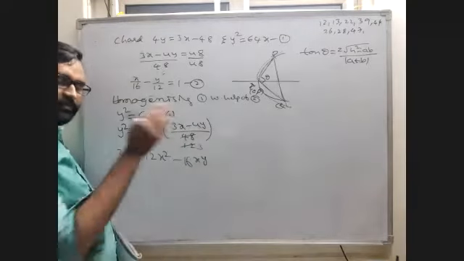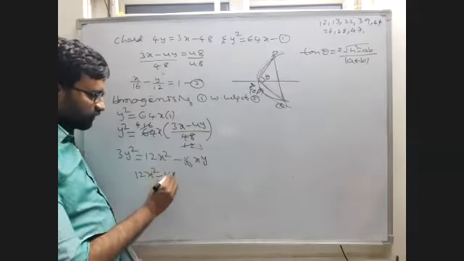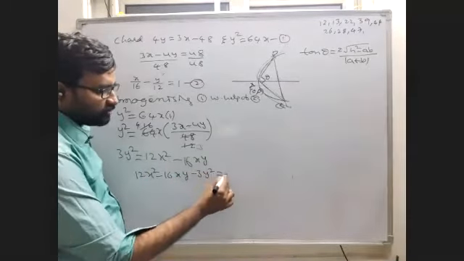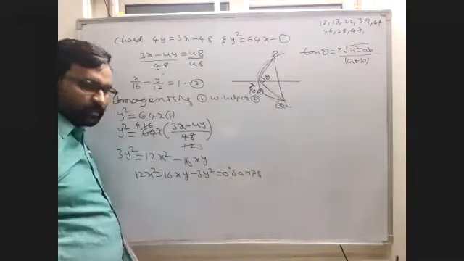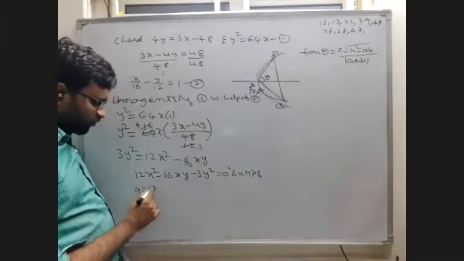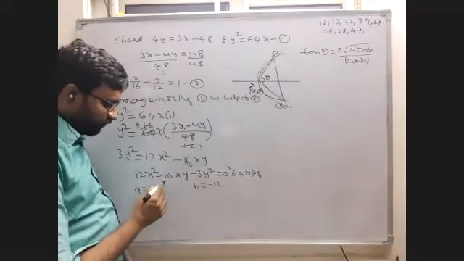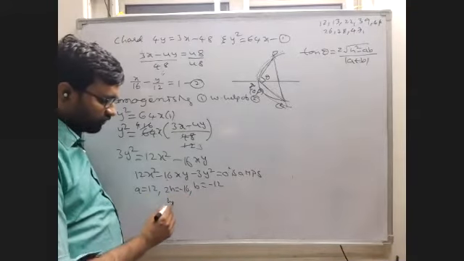Now taking 3y square to that side, you will get 12x square minus 16xy minus 3y square is equal to 0, a homogeneous pair of straight lines, where the value of a is 12 and the value of b is minus 3 and the value of 2h is equal to minus 16, then h is equal to minus 8.